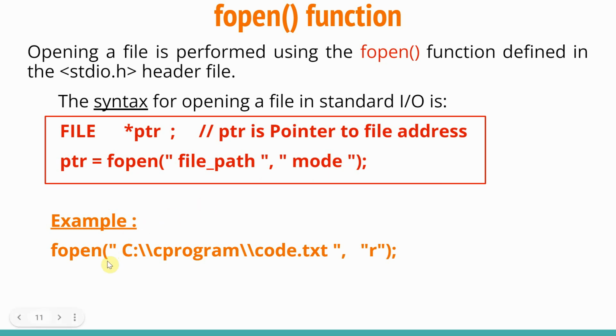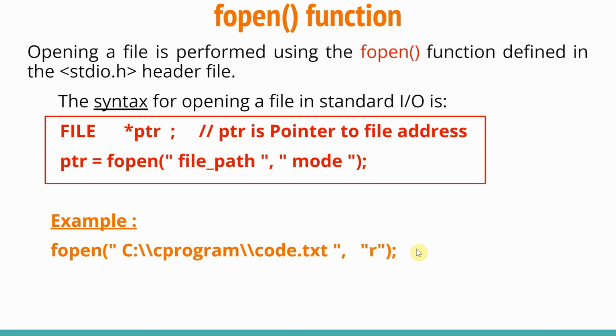So I will write fopen, then give the location where that file is stored. So in C drive, inside a C program folder, there is a file called code.txt and I want to open it in read mode. So this is how you need to call the fopen function. First give the location of the file and next give the mode in which you want to open.